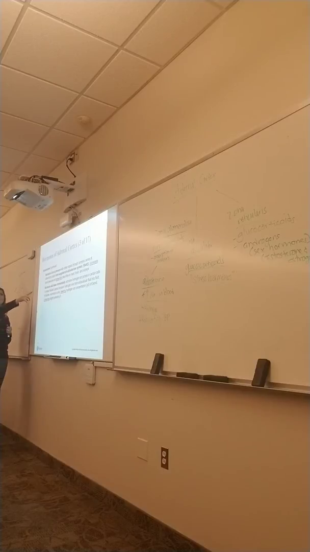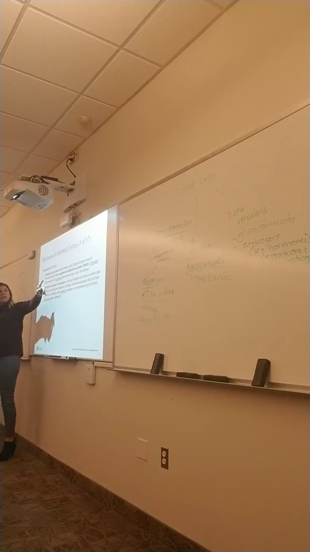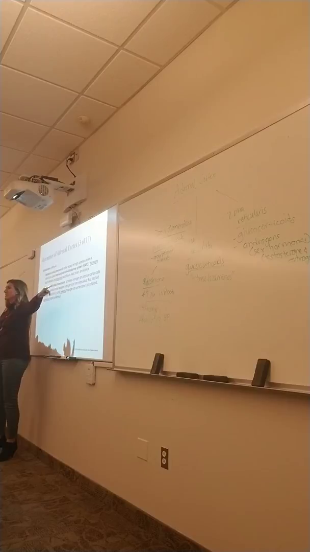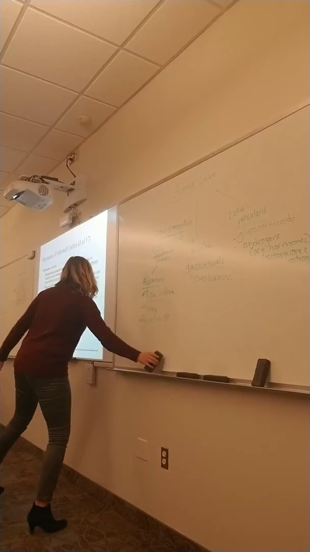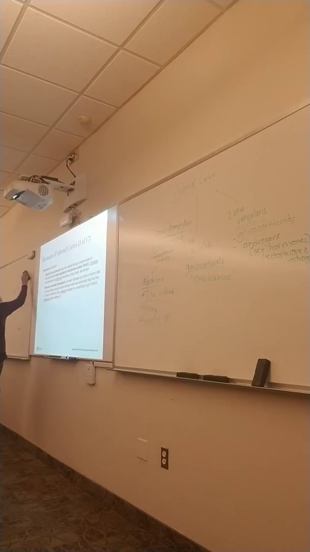So aldosterone works by working with something called the renin-angiotensin-aldosterone system. So I'm going to erase this because I don't want it. The renin-angiotensin-aldosterone system. It's going to work like this. Remember our kidneys, which filter our blood. They have a high kind of penetration level in our blood.